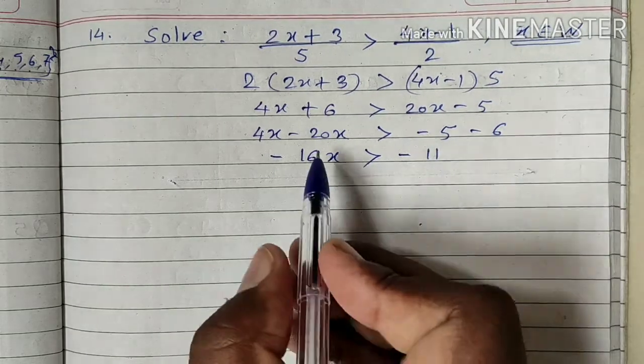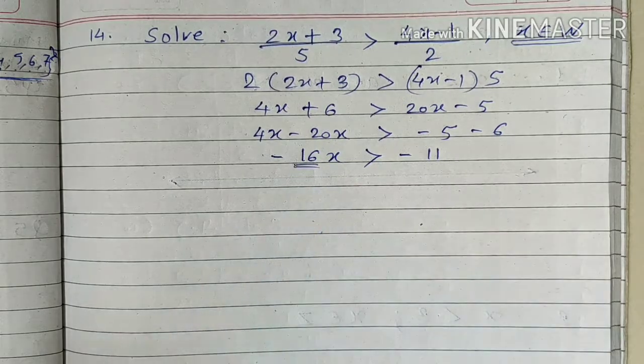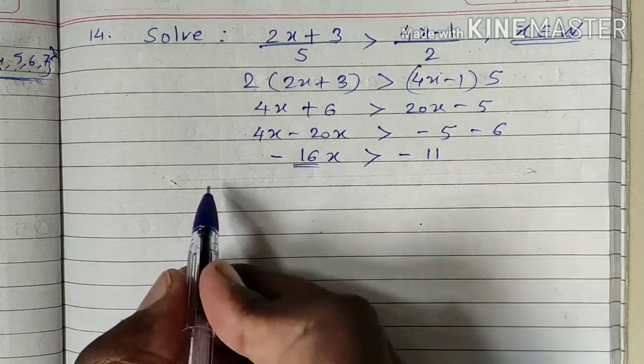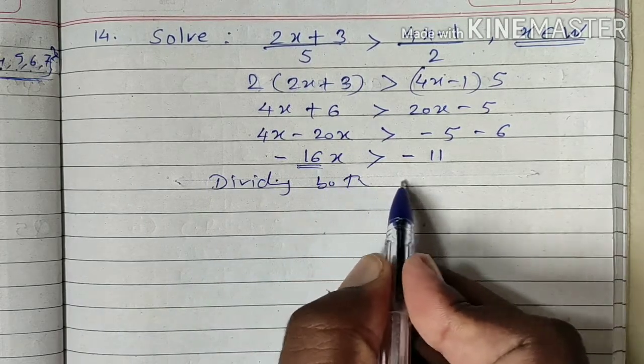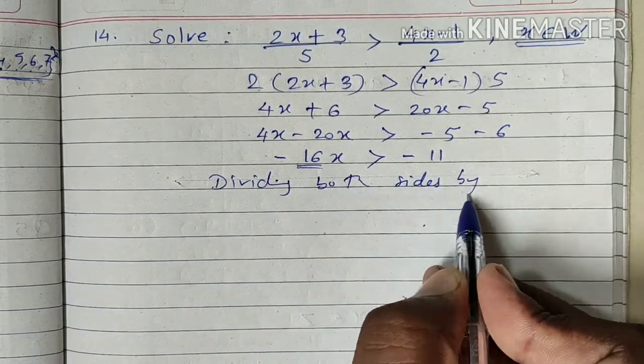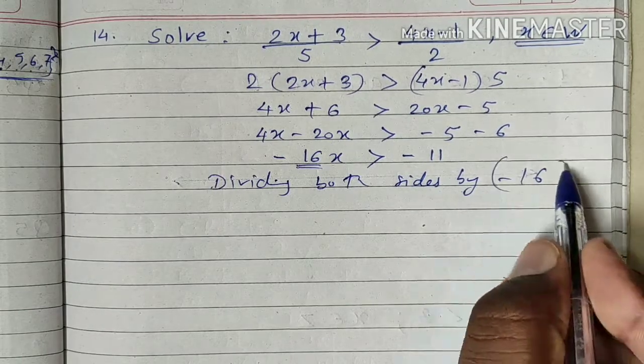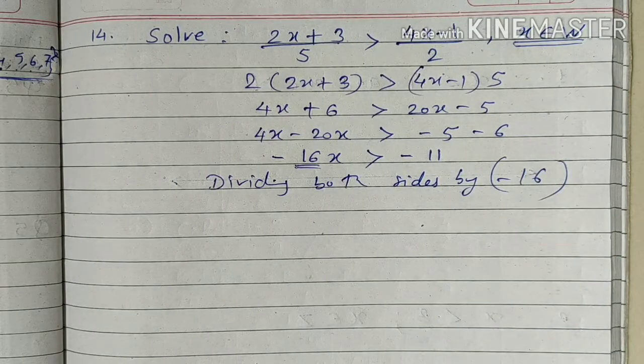Okay, to remove this minus 16 along with the x, dividing both sides by minus 16.